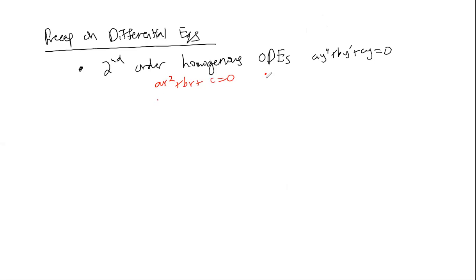And there's 3 paradigms. You have the roots are different, the roots are the same, and the roots are complex conjugates. And then you get various solutions.